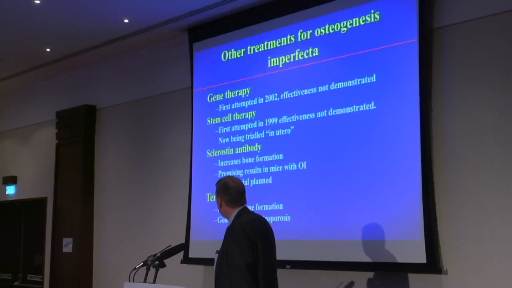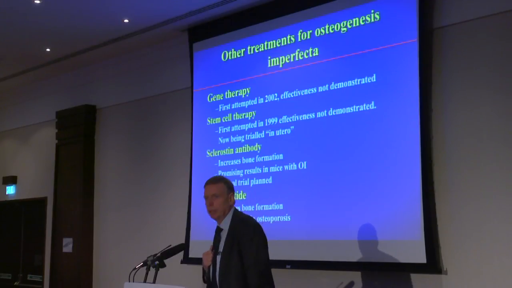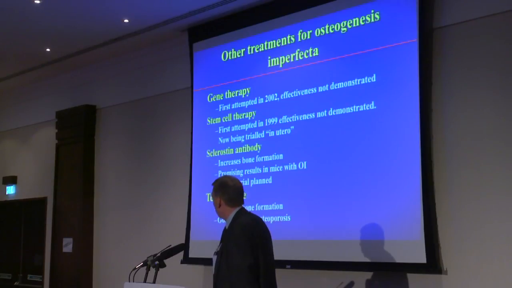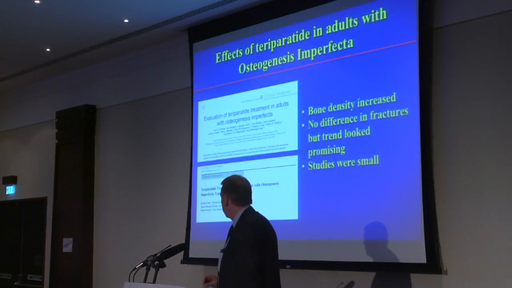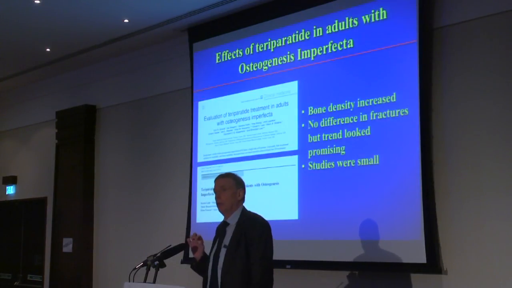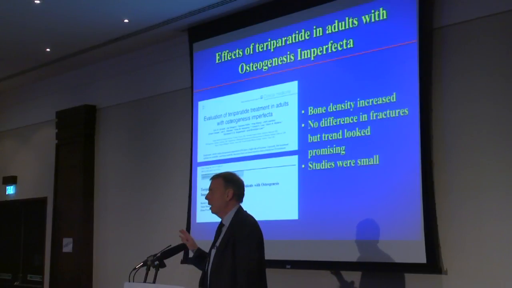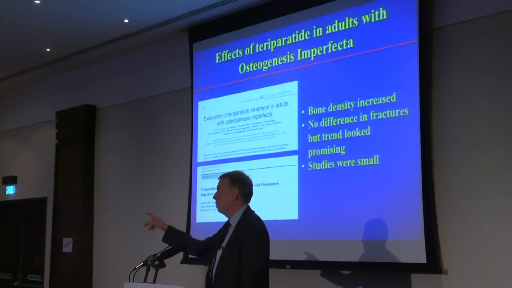And then there is a drug called teriparatide, which we use in osteoporosis. It's got good results there, and it works by increasing bone formation. And teriparatide has been studied a little in osteogenesis. I don't know, has anyone had teriparatide? One person, two people.